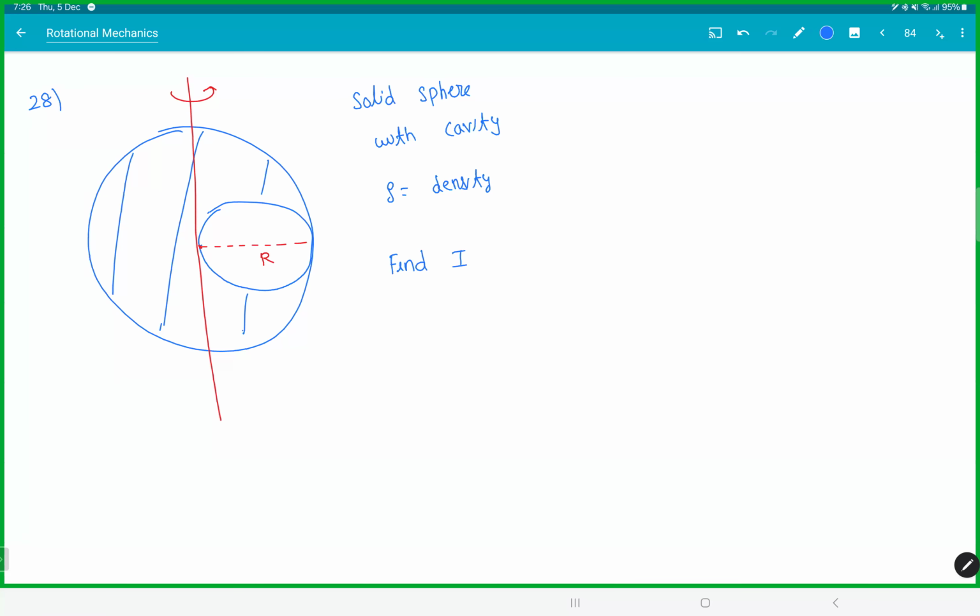Do you guys remember the technique for a cavity? What we do? We take the full, we remove that, and we get it. That is the idea. Give it a try, 2-3 minutes.